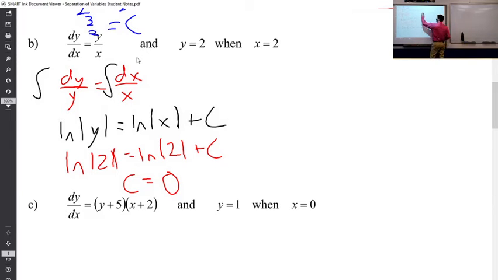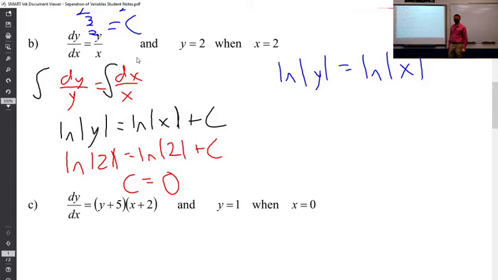And so that means that the natural log of the absolute value of y equals the natural log of the absolute value of x plus 0. And so when does the natural log of the absolute value of y equal the natural log of the absolute value of x? It's when they're the same. x and y are the same. y equals x. With one exception.